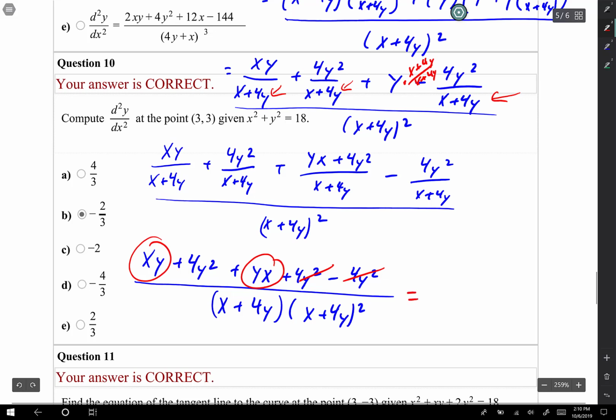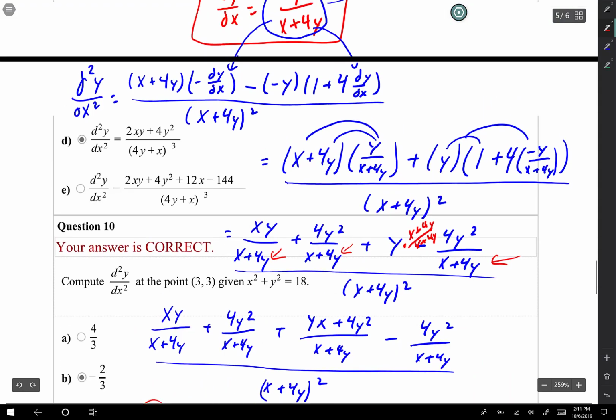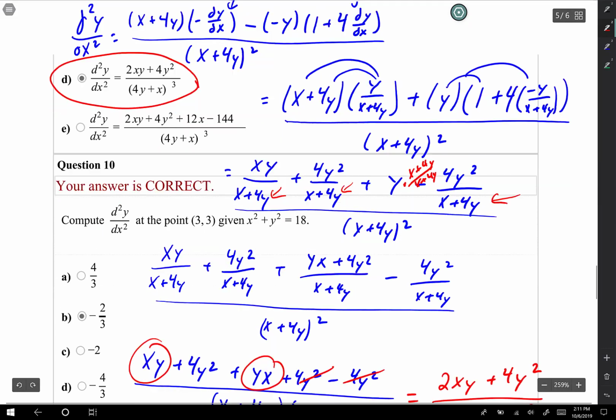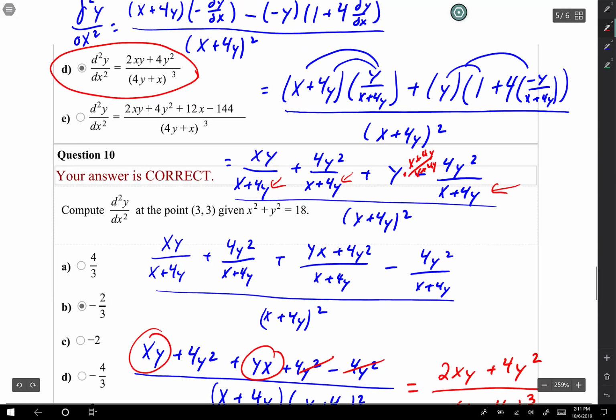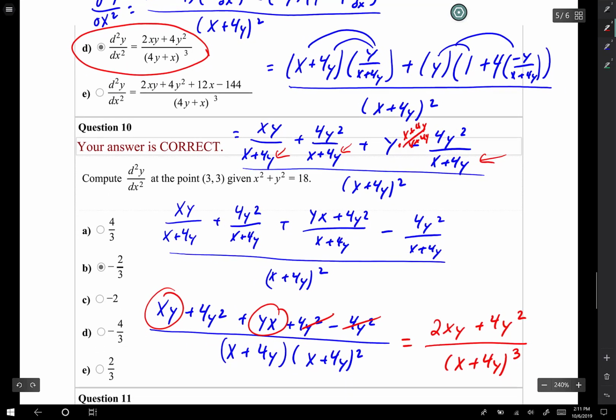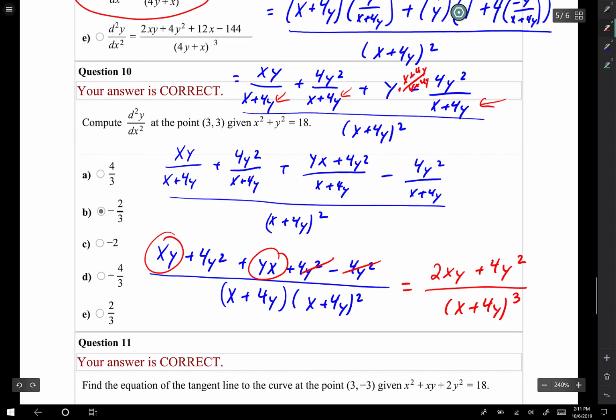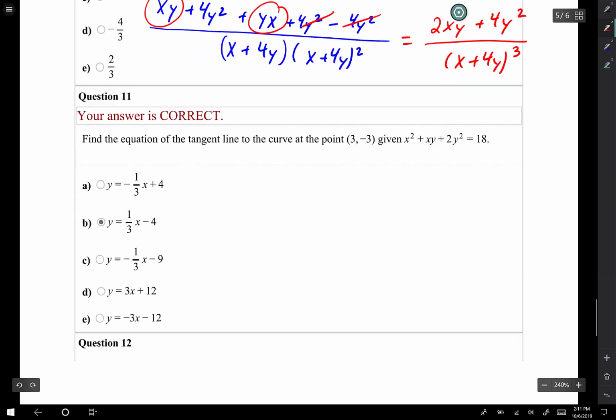My final answer looks like it is 2xy plus 4y squared over (x plus 4y) to the third power. So there it is. Sorry guys, I know it wasn't super awesome, but it's kind of cool because it's kind of like a little game, you know what I mean?